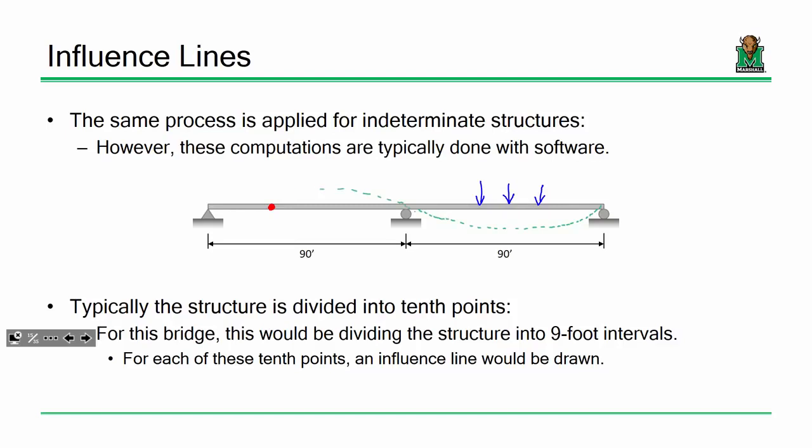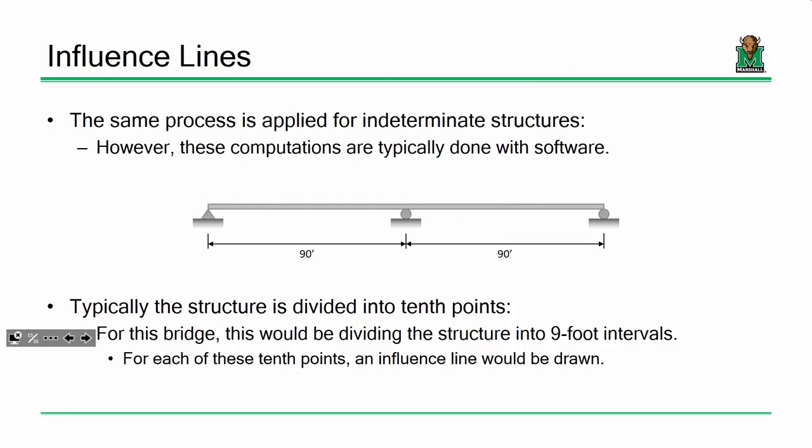But this side's going to go up, right? So does it stand to reason that if I keep my eye fixed at a point of interest, there's a maximum possible positive moment and there's a maximum possible negative moment? That point on the bridge experiences both positive and negative bending. It's all about the range. Make sense? Okay? That's what these influence lines are going to help characterize or help quantify for us.